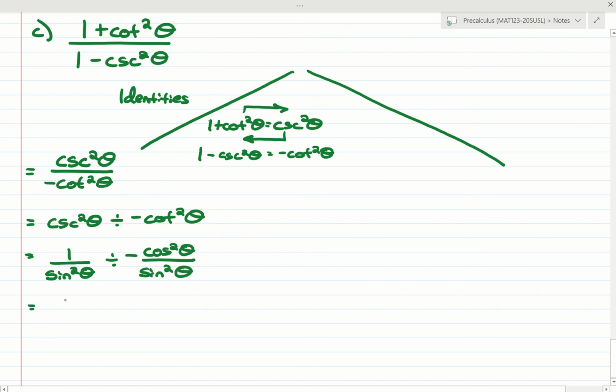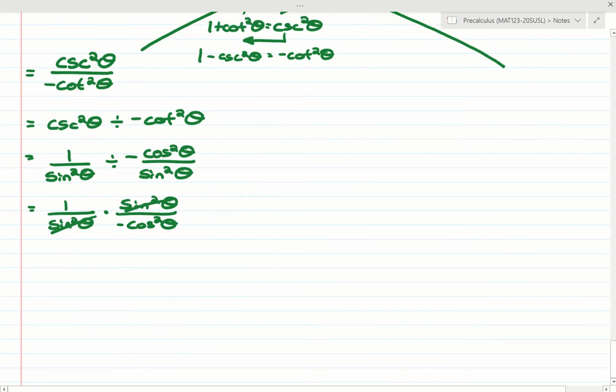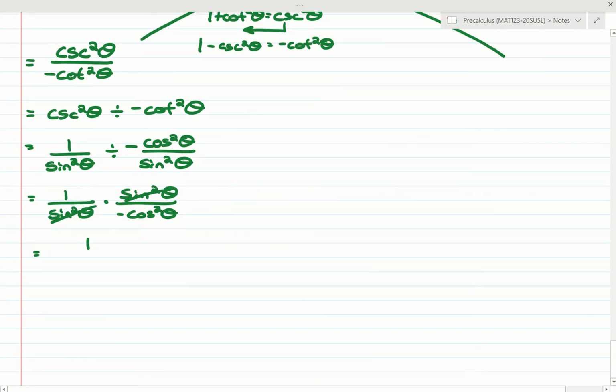When we divide by a fraction, that's the same thing as multiplying by its reciprocal. Sine squareds cancel, and we're left with 1 over negative cosine squared of theta. That's a reciprocal identity for just negative secant squared of theta.